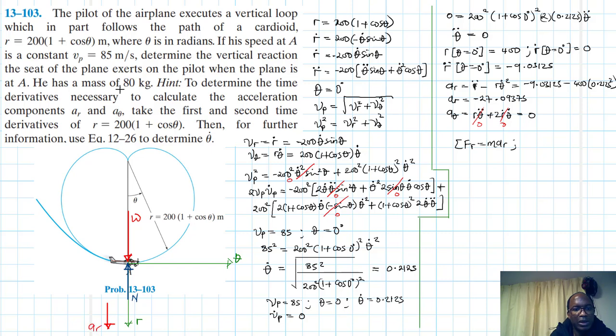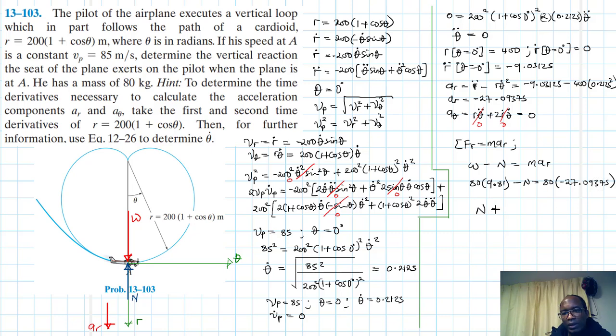This is our A R. We do have our W minus our normal force equal to m A R. So this just becomes our mass for the pilot, 80 kg, times 9.81 minus N, equals 80 times minus 27.09375.